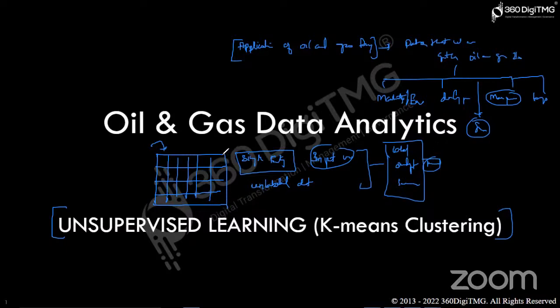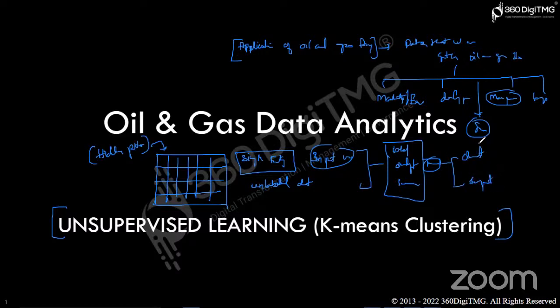So how to deal with this data? We have to look into this data and find the hidden patterns in it. Based on these hidden patterns, we have to work on this data. That is nothing but unsupervised learning. In unsupervised learning, one method that we have is clustering. Clustering is also known as segmentation.